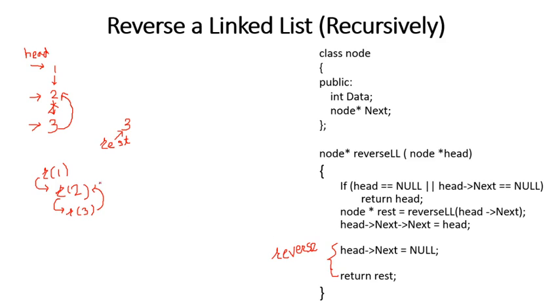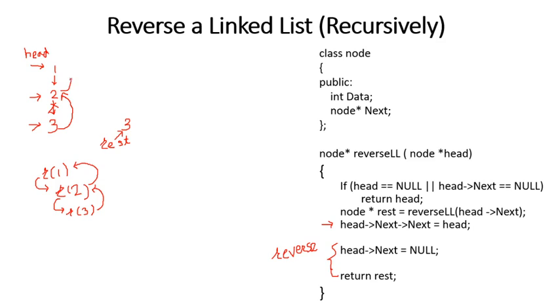After this, control will come out of the function call for head 2. It will return the control back to reverse 1. Now 1 will become the head. It will again execute this statement: head, which is nothing but 1, arrow next is equal to head.